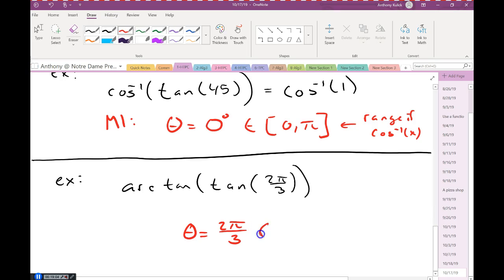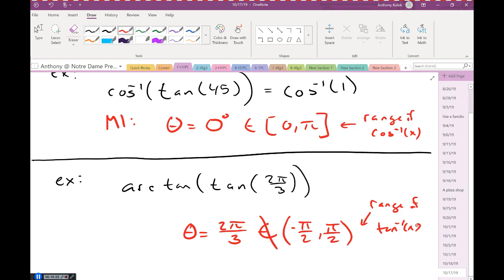That's a true answer. The problem is that this is not a member of the range for tangent inverse. Arctangent is the same as tangent inverse. They're just different notation. That's okay.